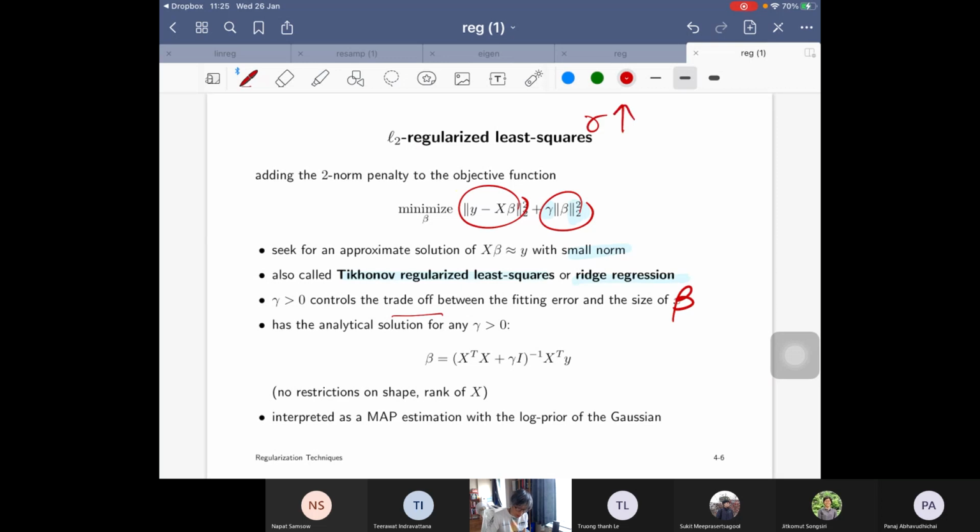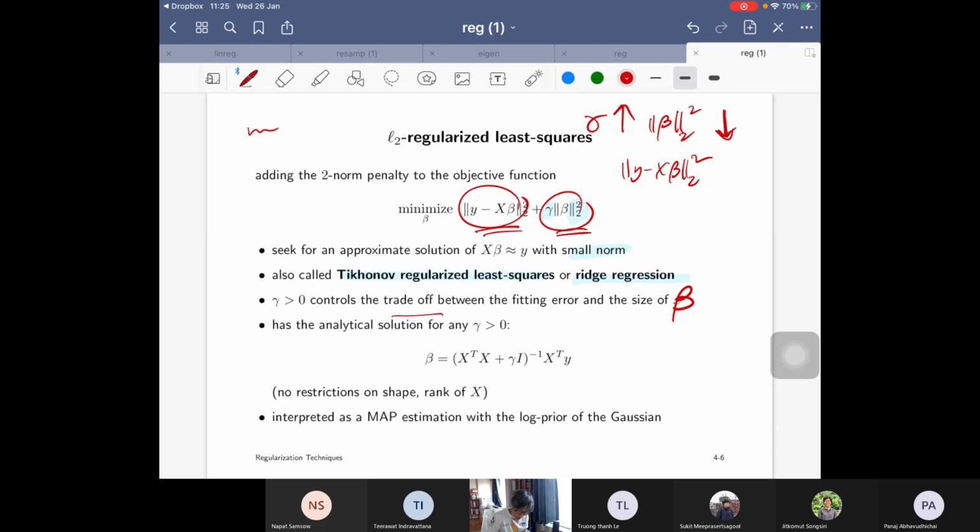Okay, so when gamma is big, what happens is the norm of beta squared would be big or small, Thirawat? Small. It would be small, and the prediction error in relative terms should be smaller. Not smaller, because you minimize these two terms at the same time.